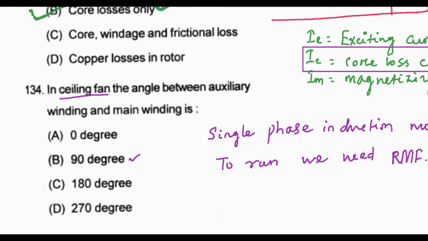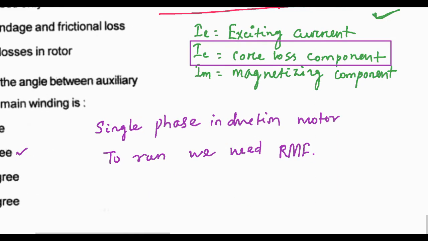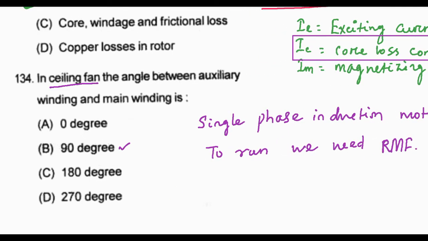Next one is, in a ceiling fan the angle between auxiliary winding and the main winding is 90 degree, because a ceiling fan is a single phase induction motor. We need a rotating magnetic field to run any induction motor.